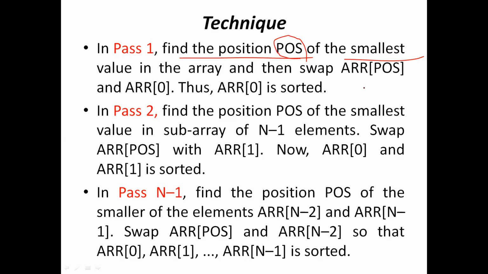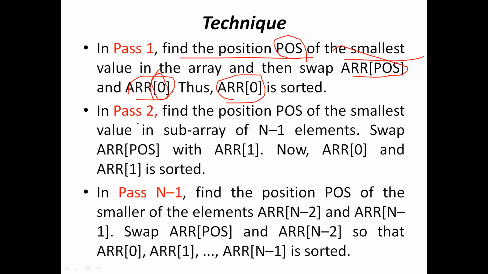Once I find the smallest value, I will replace it in the 0th index. Then I swap that position value with array of 0. I simply check for the least element, then swap that particular position with the 0th position. That's what this says.